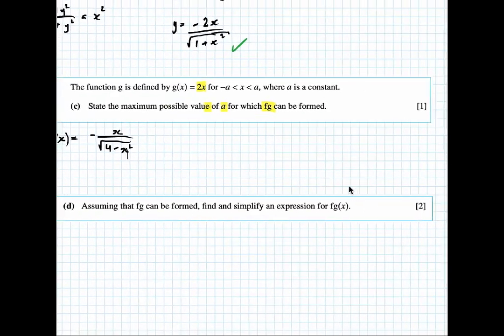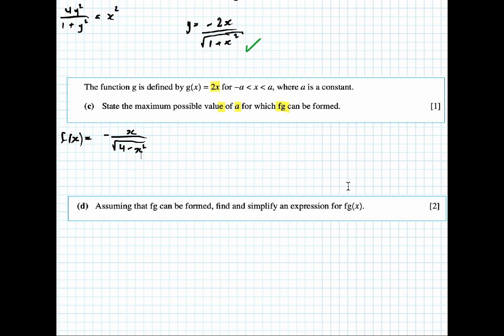So we'll end up with minus 2x over root 4 minus 2x squared, which will be 4x squared. So I'll simplify that now as well. So minus 2x over root 4 minus 4x squared.